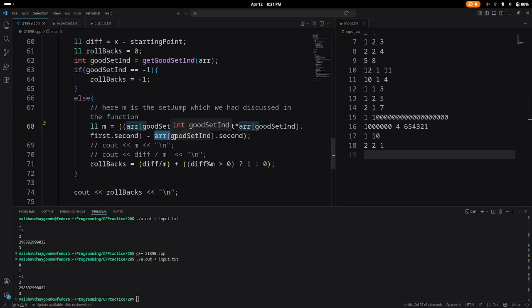And rollbacks will be equal to diff by m. If diff is not divisible by m, if the remainder is greater than 0, then we haven't actually reached the point yet. As we are rounding up the division, we will increment it by 1 or 0 accordingly, and then we simply print rollbacks.